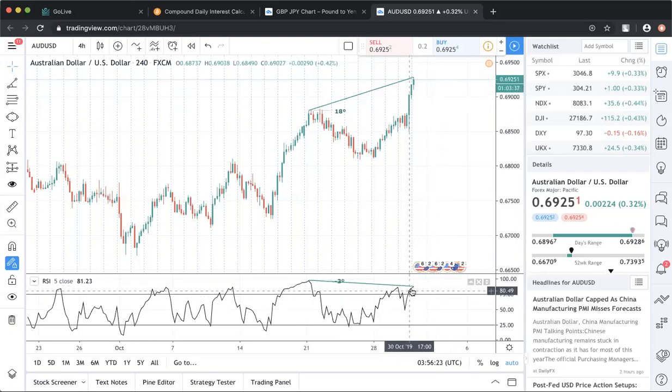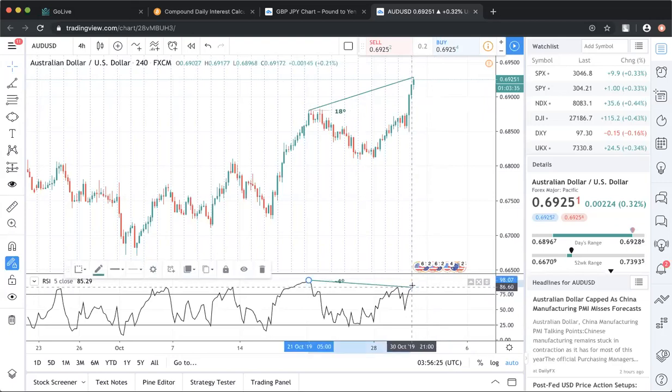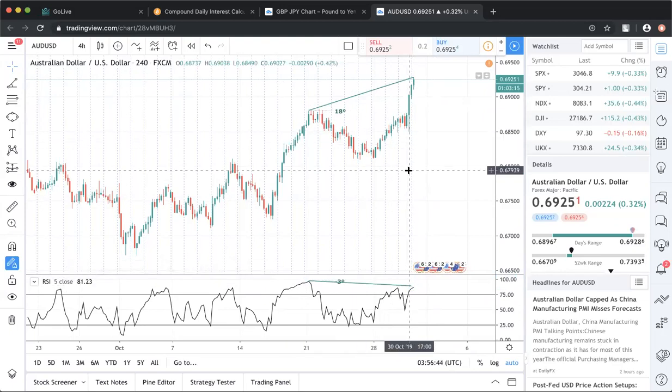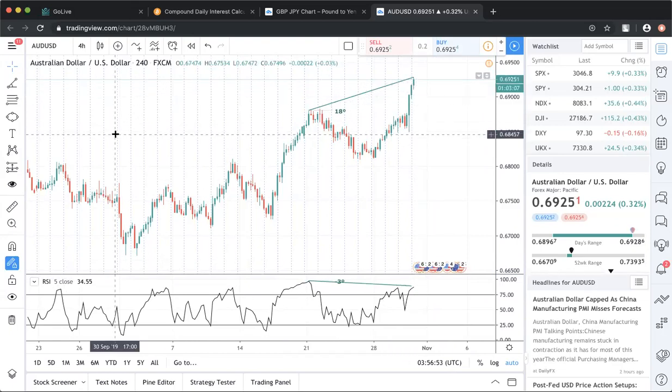Unless, of course, you see this RSI creep all the way up and either go higher or remain the same, because at that point, there's not going to be any more divergence. So if this goes all the way up, there'll be no longer divergence. And I would be looking for this to go down. But before entering the trade, I would look for the safer entry and wait for some bearish momentum. Wait for it to start pushing down.